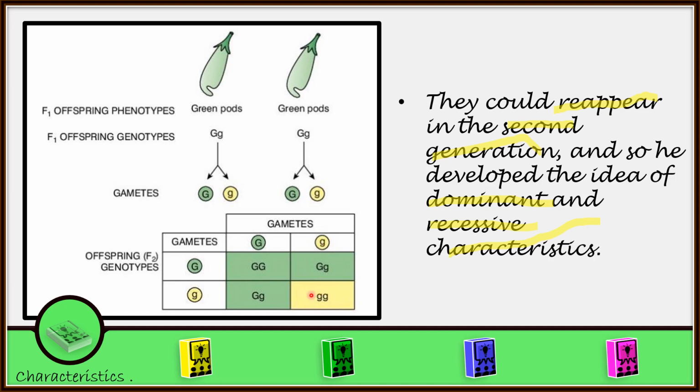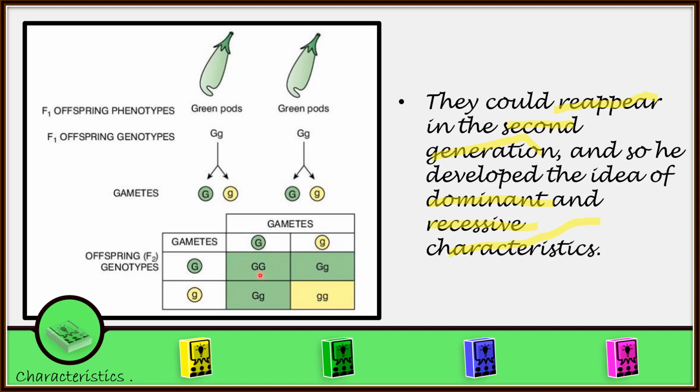You remember in the F1 offspring, all of them were green, capital G, small g. All of them were green. But now when we crossed the F1 to give us F2, the character which disappeared has reappeared.